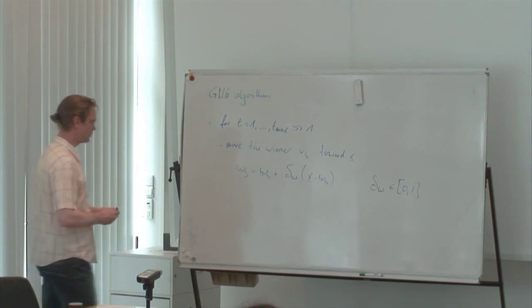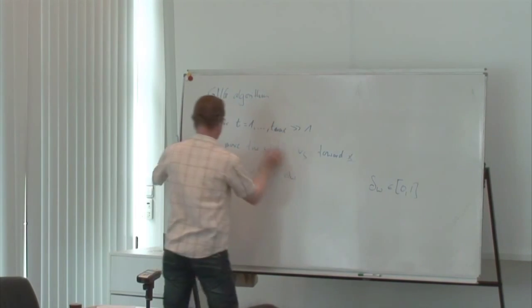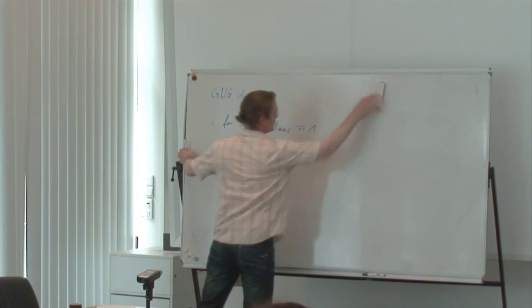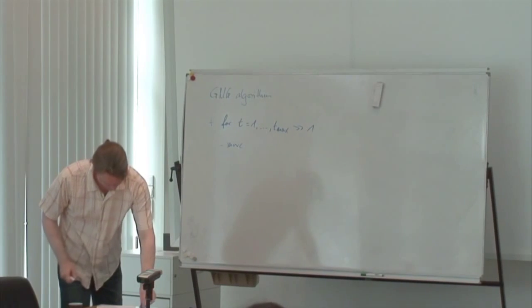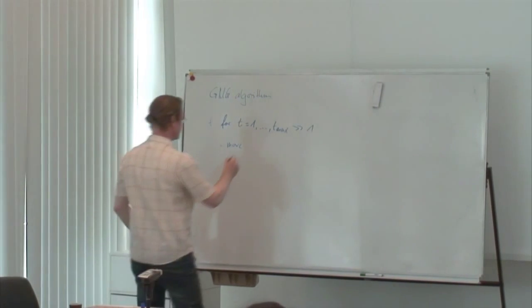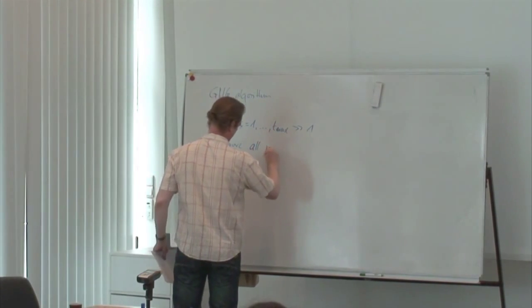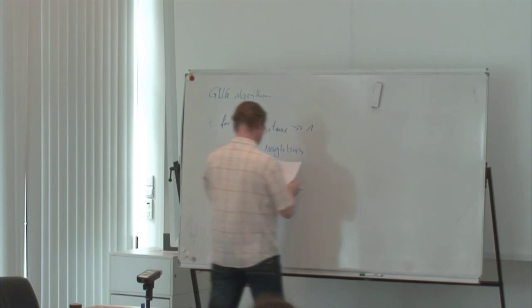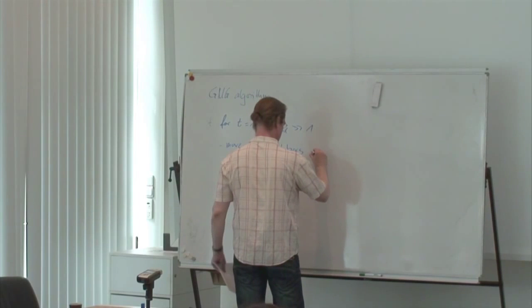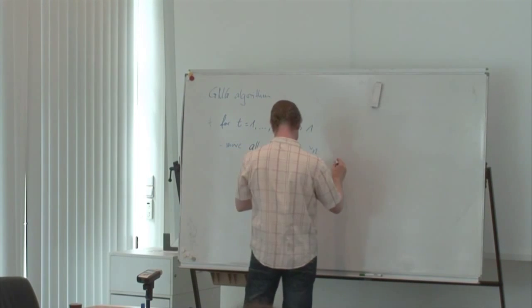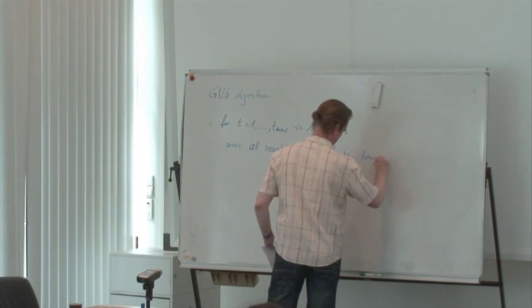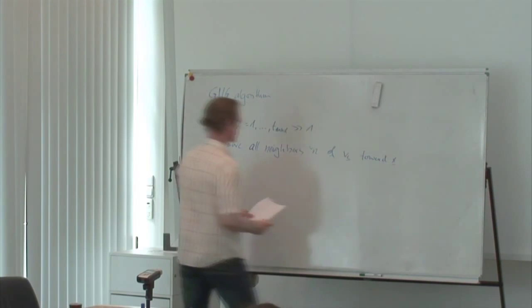So we have moved the winner, and next thing we have to move, it's a graph, so we move all the neighbors, Vn of Vs, towards this current sample point.